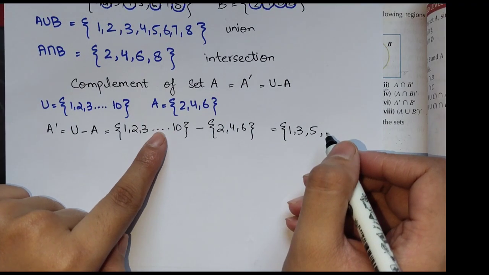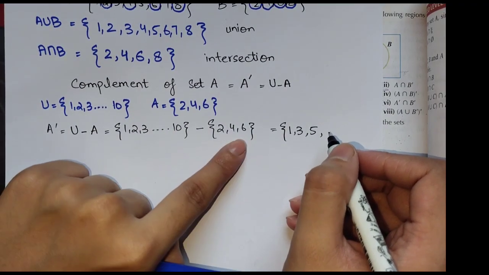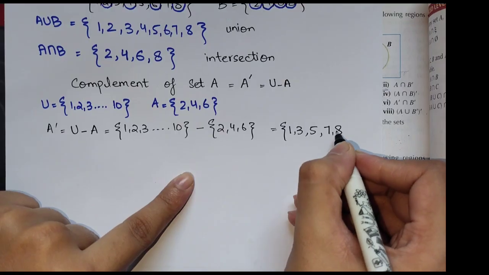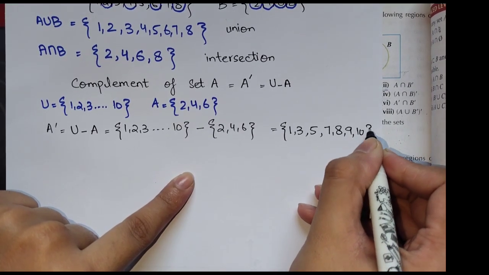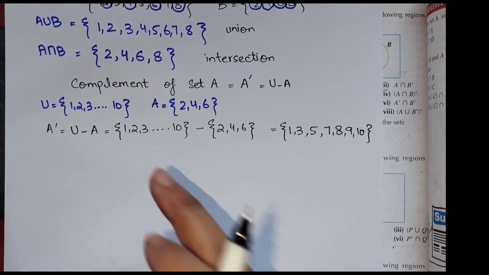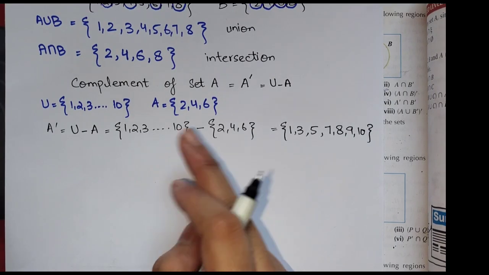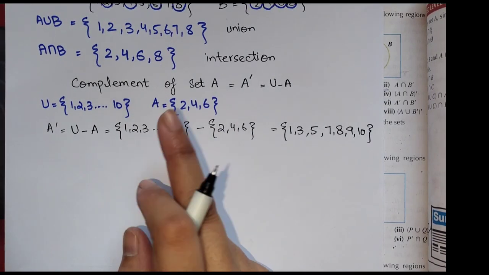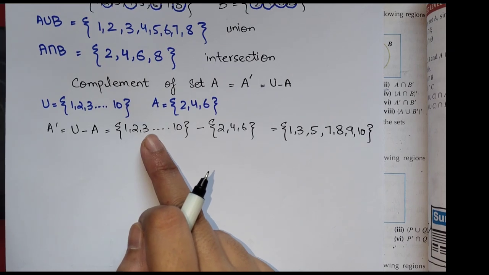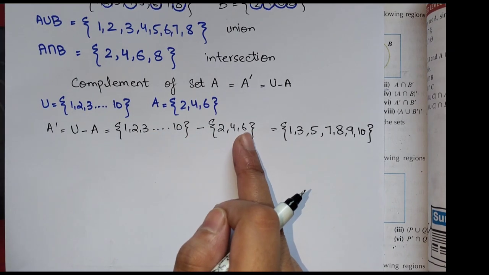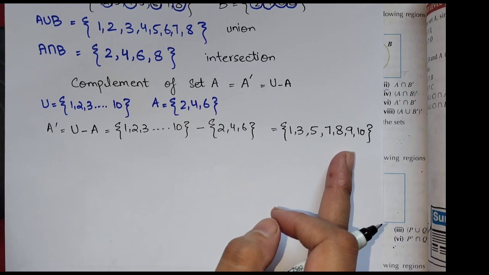Next number is 7. 7 is present here but not here, so 7, 8, 9 and 10. These are the numbers which are found in the universal set but not in the A set. When you subtract U minus A, the elements found in the universal set but not found in the A set, you have to write in the complement set.